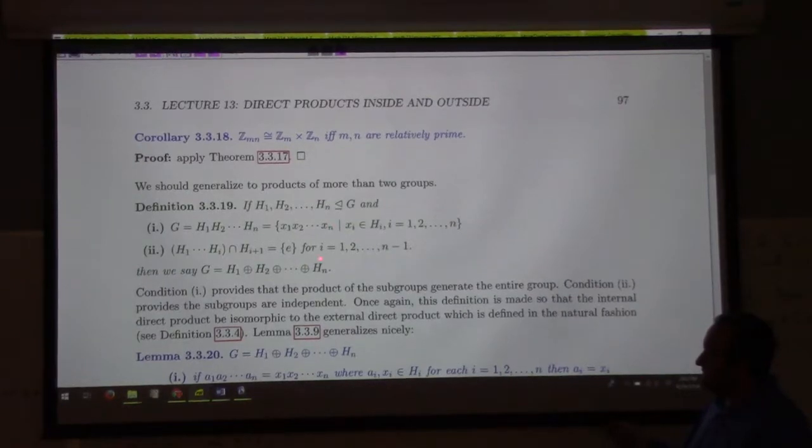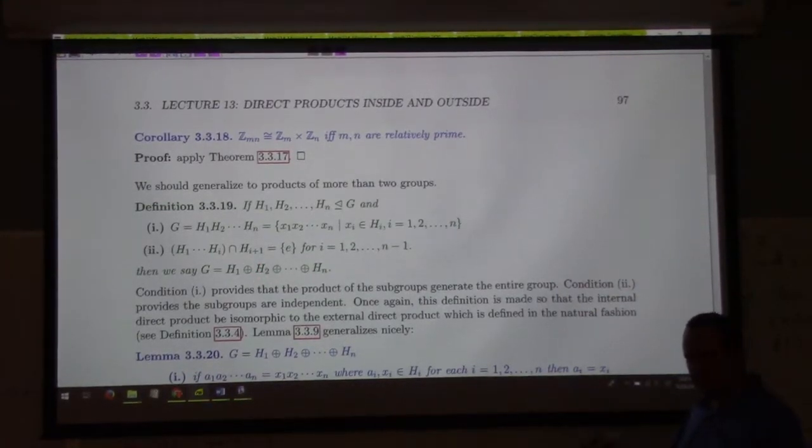This is the next step in this cavalcade of insanity, which is to define the direct sum for more than two things. Just like in linear algebra, it gets more complicated. You have to look at independence of the subgroup with respect to the complementary subgroups, all of them. But otherwise, it's pretty much the same song and dance. The same isomorphism is built.